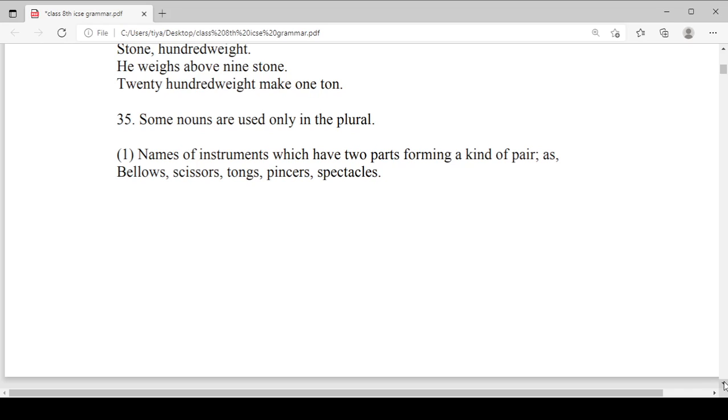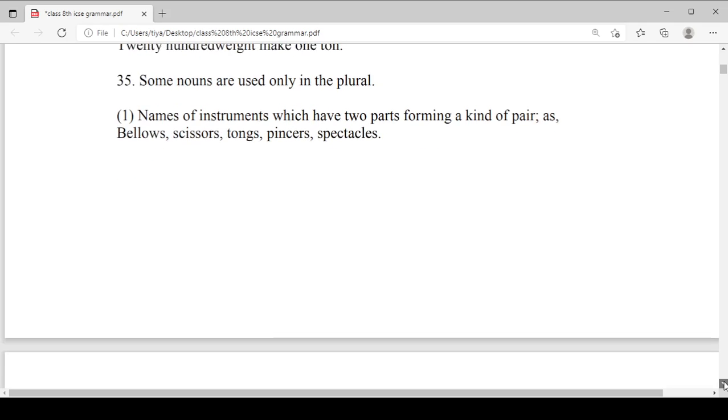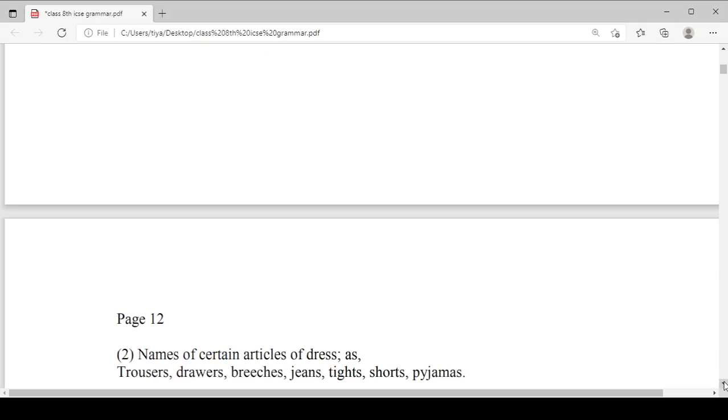Okay, so this kind of noun that already has two parts always uses the plural form. Don't use the singular form. Don't ever call pants a pant, it is pants. Don't call scissors a scissor, it is scissors.